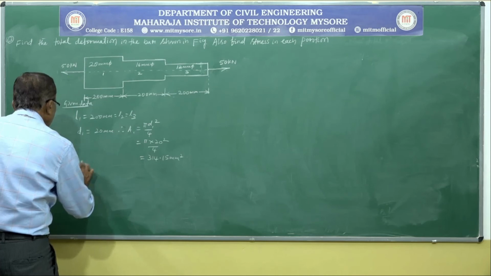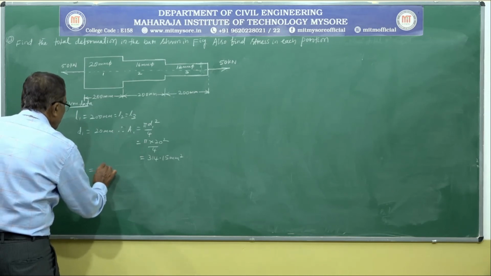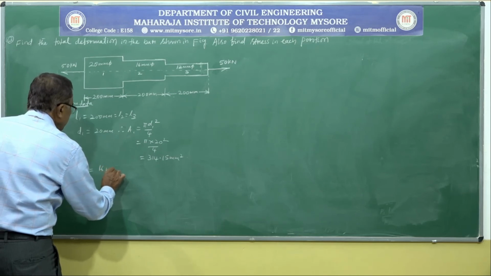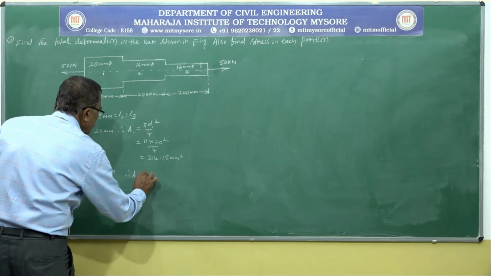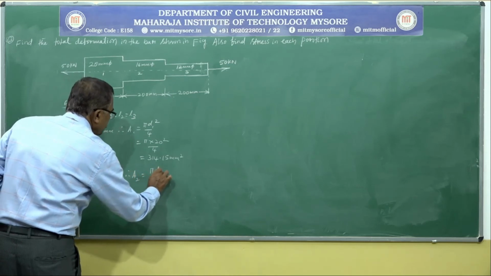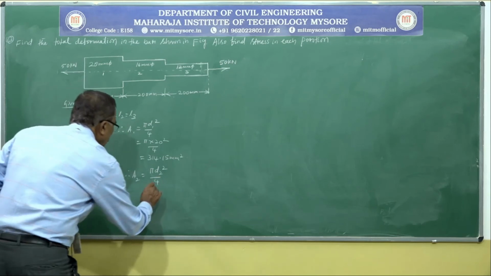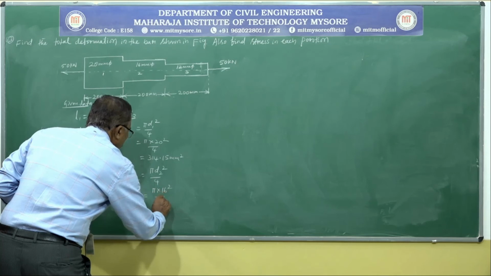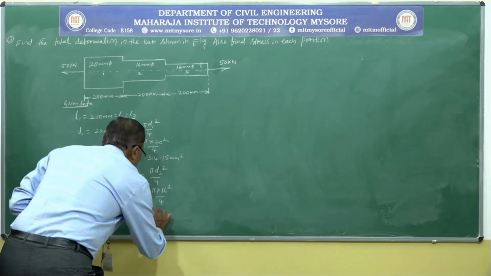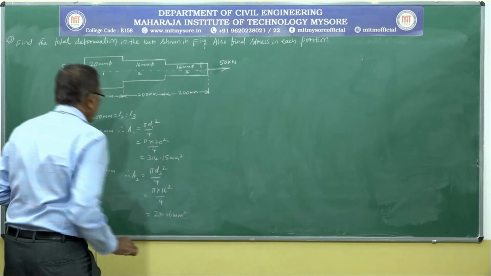D2 is equal to 16 millimeter, therefore A2 is equal to pi D2 square divided by 4, that is pi into 16 square divided by 4, equal to 201.06 millimeter square.